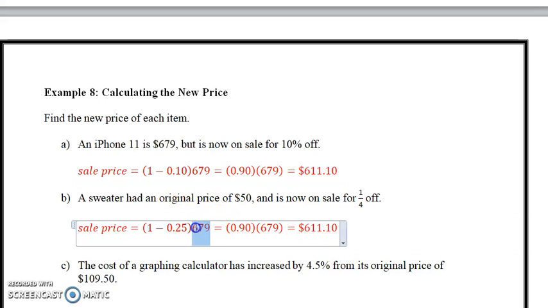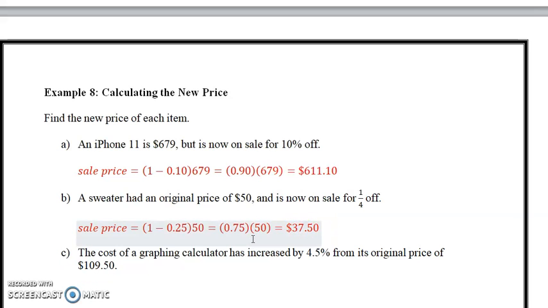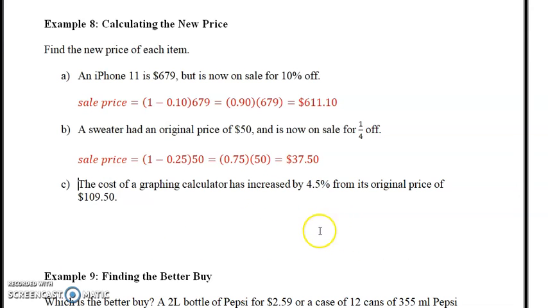And we're going to take that of 50, so that'll be 0.75 multiplied by 50, and that would be $37.50. Remember, when you do that in your calculator, it'd be 37.5. Just add the second 0, because when we're dealing with money, it is 2 places after the decimal.